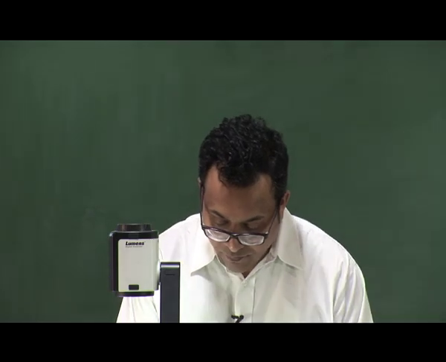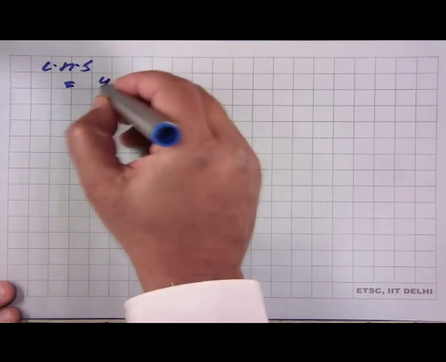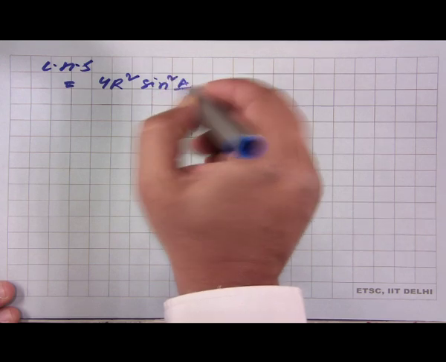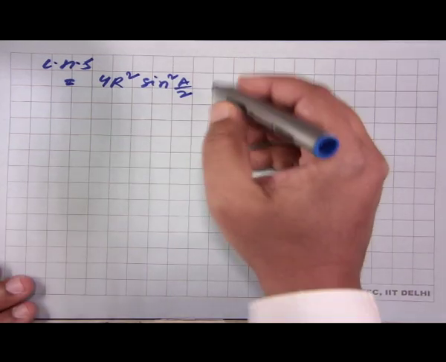So, the left hand side then becomes equal to 4r square sine square A by 2 times.